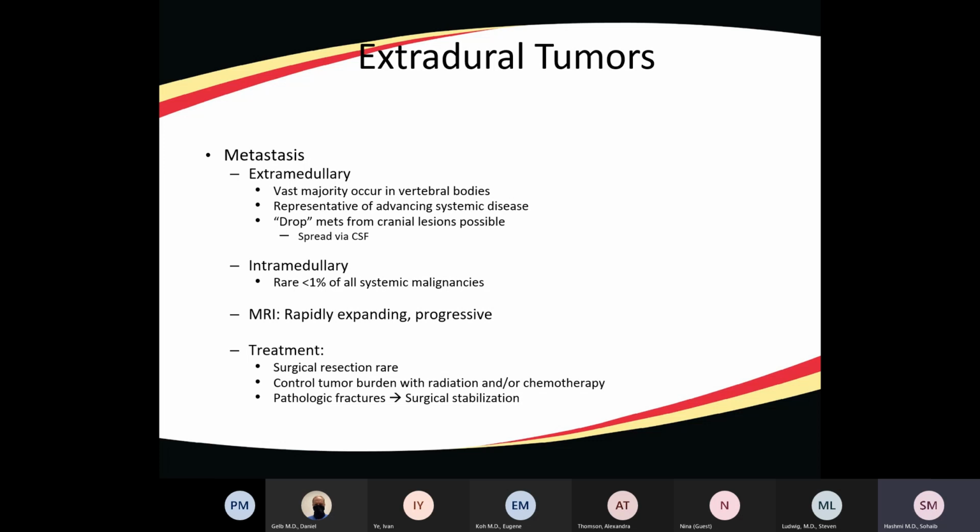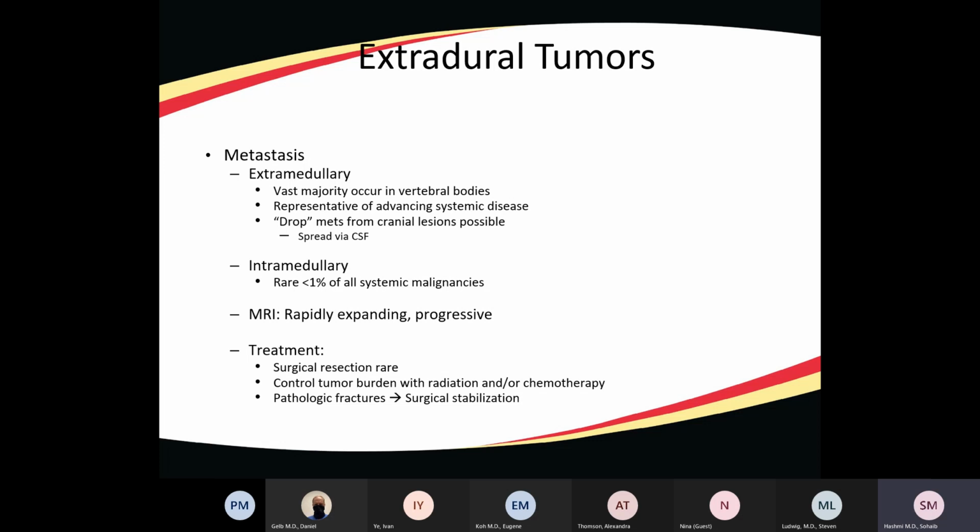We can also have drop mets from cranial lesions, and that can potentially be from brain metastatic tumors that will seed through the cerebrospinal fluid itself. Mets will rarely be intramedullary, less than 1%, but really those are exceptionally rare.